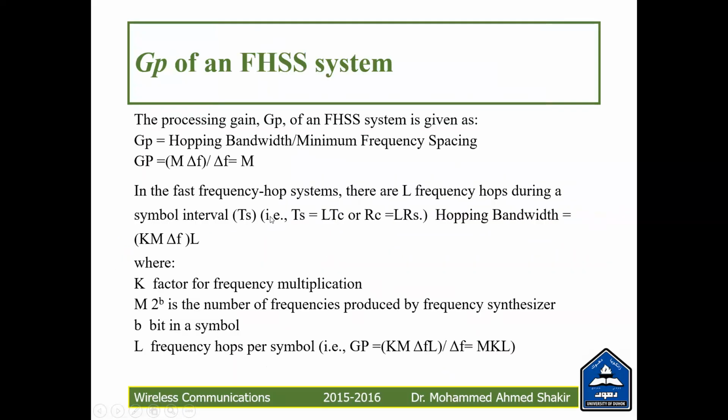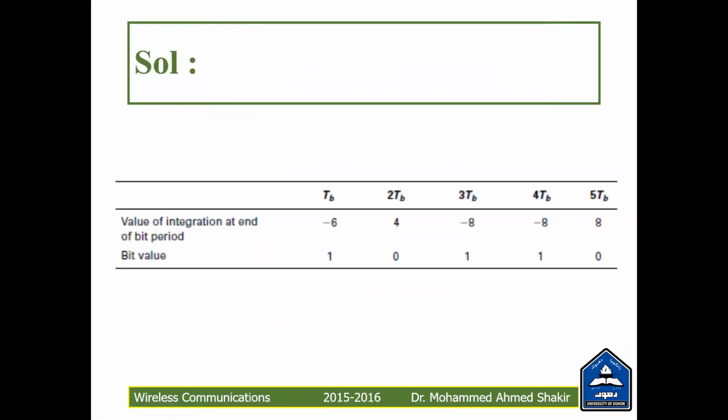This is about frequency hopping and direct sequence spread spectrum. We have discussed the last example, 3 mobiles connected to the base station, and every mobile is assigned a code in order to recover the original message or data.